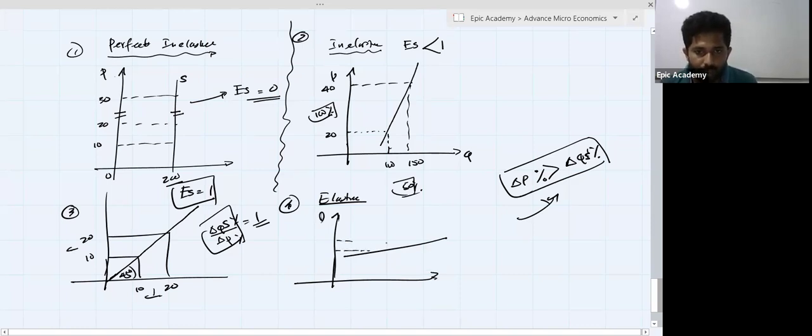Percentage change in the price takes less value, but the quantity responds more. Percentage change in the price takes less value than percentage change in the supply.